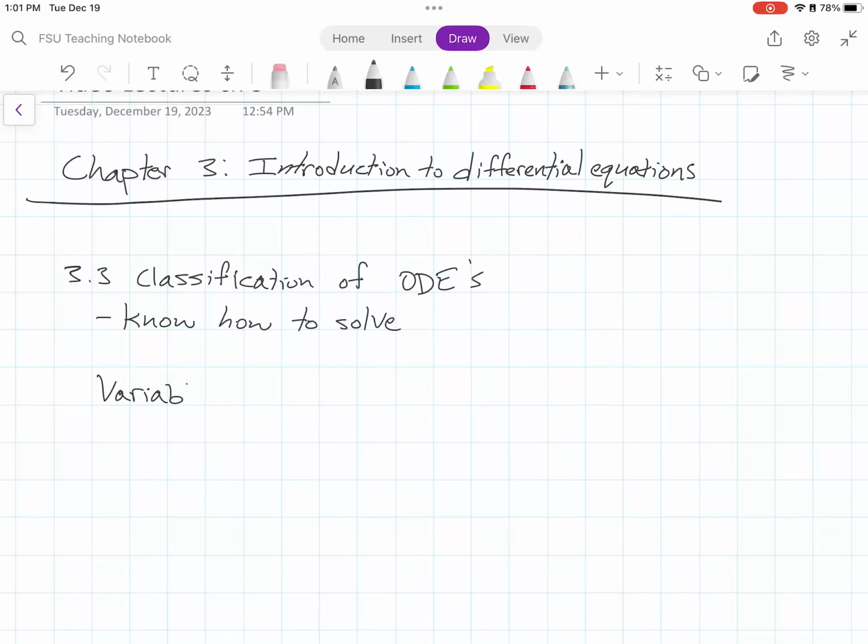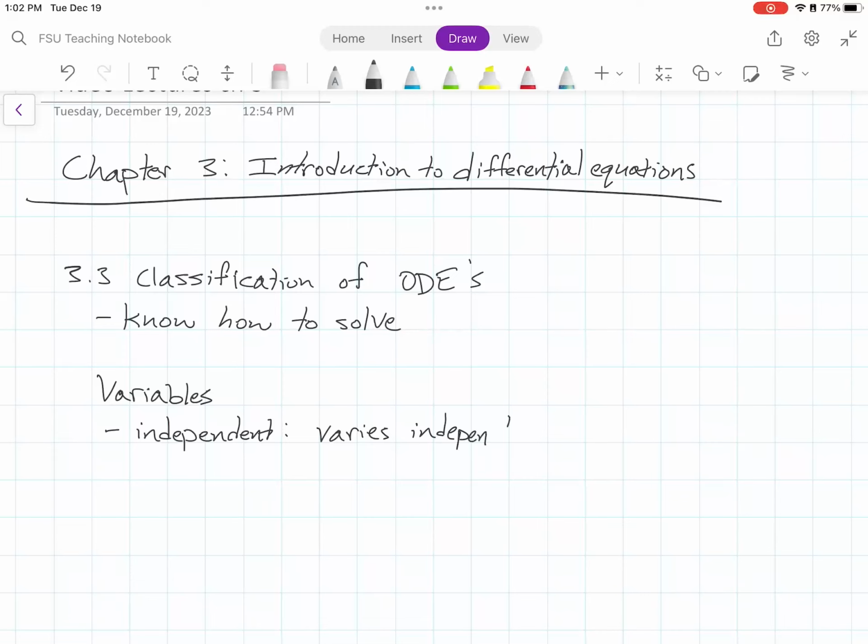This may or may not be review, but we have independent variables. An independent variable is a variable that varies independently. It does not depend on any other outside parameter. So it varies independently.